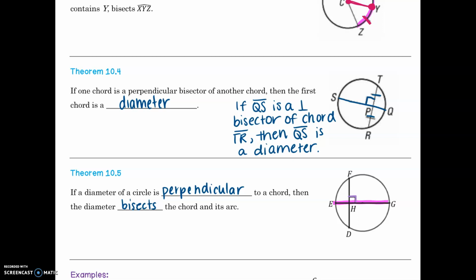Because it is perpendicular to chord FD, it will bisect the chord, making segment FH congruent to segment HD, and it will also bisect the arc. It'll bisect arc FED, making arc FE congruent to arc ED.